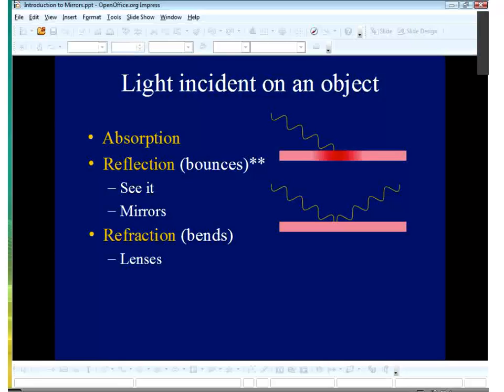Often, not in all cases, but often it is associated with bending. If you look at something like a prism, a prism bends too much because in a prism there are two surfaces where bending happens. So the bending eventually is too much.